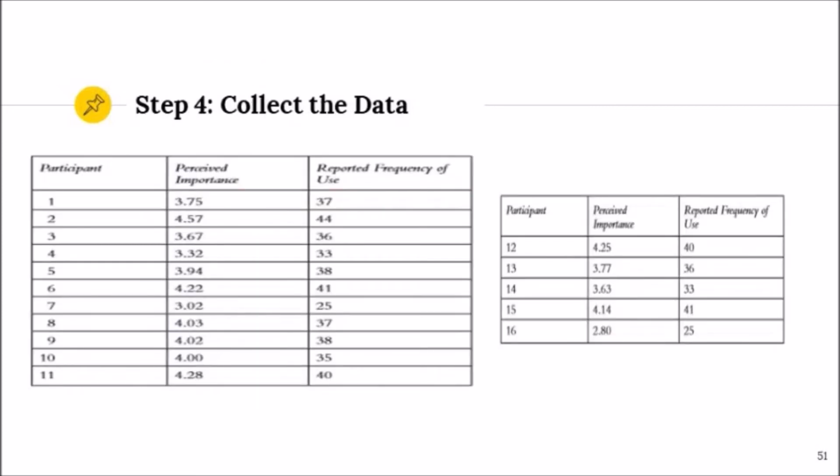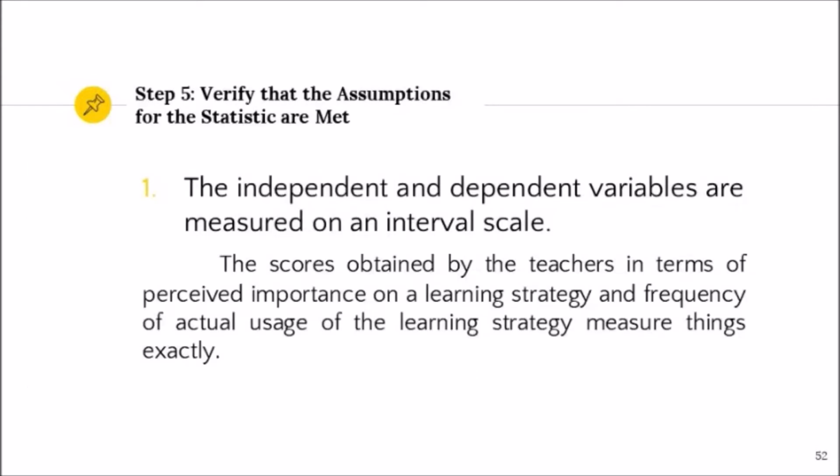For step 4 of the statistical logic, we now proceed to the collection of data. We get to see a glimpse of the data presented a while ago. Step 5 aims to verify if the assumptions are met.